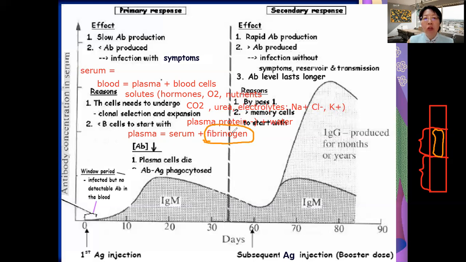So after fibrinogen is converted to fibrin, what is left, the liquid portion, is called serum. They will take the serum for analysis to check your blood glucose level, sodium, potassium, chloride, protein, urea, etc. So that is the serum part.